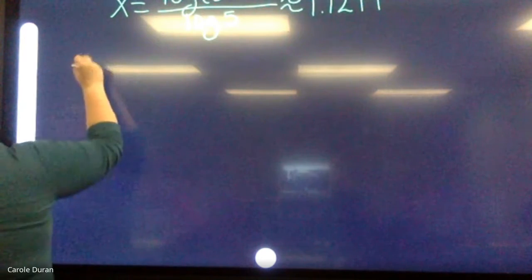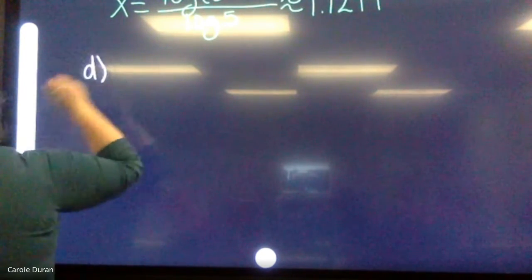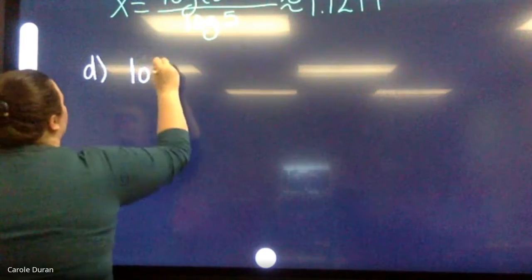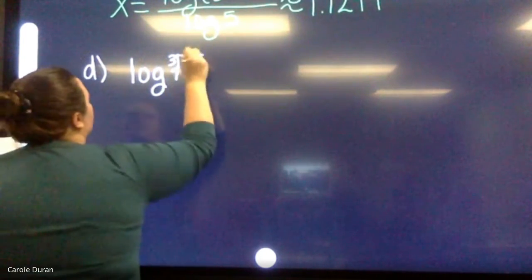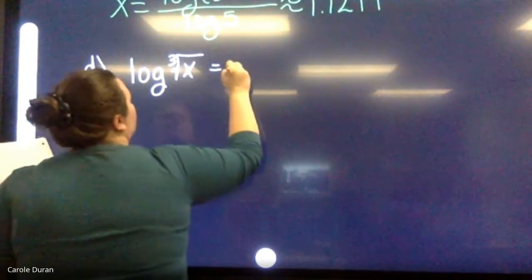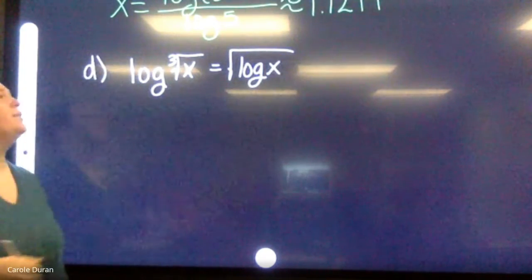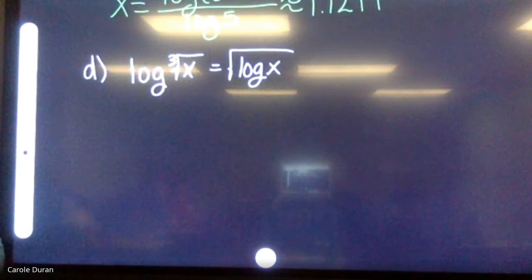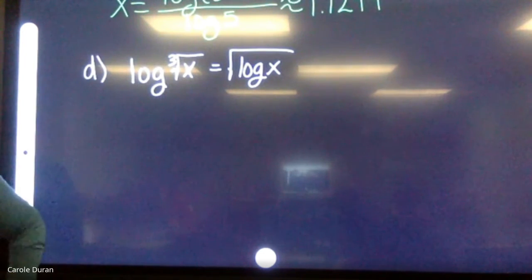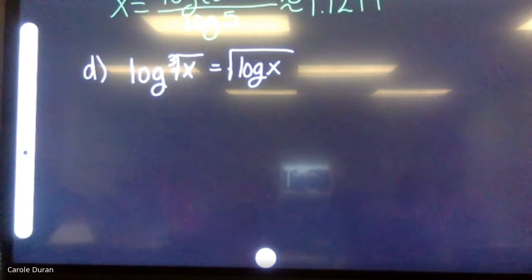Example D. Log of the cube root of x equals the square root of log of x. It's equals, not minus.